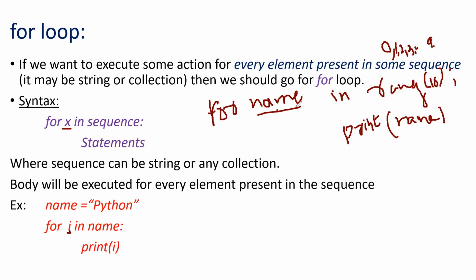What the for loop does in this range is assign every integer value to the iterative variable name. For the first iteration, name equals 0, so it prints name, that is 0. Next 1, next 2, next 3, up to 9.